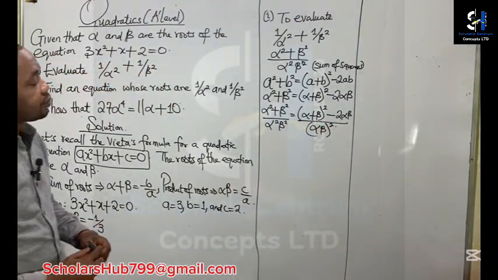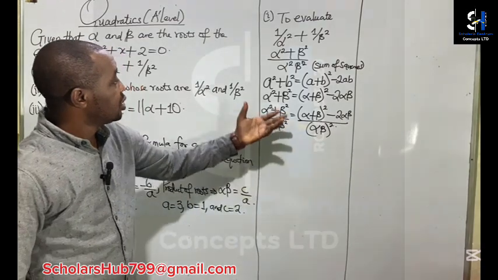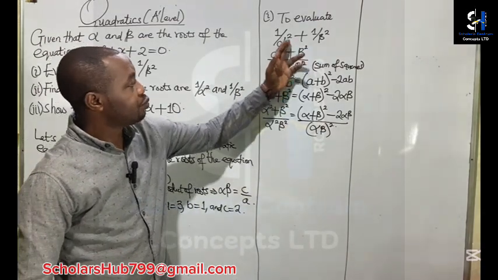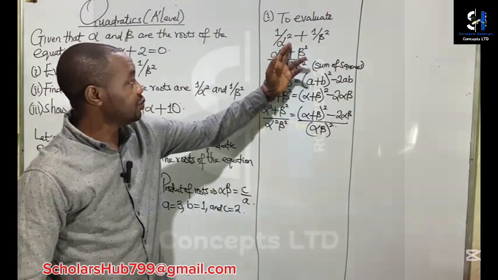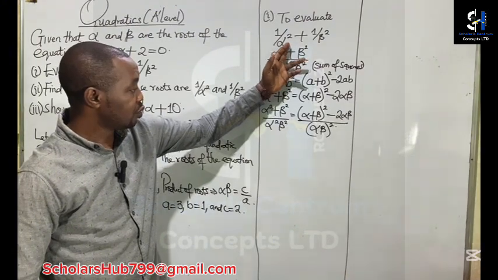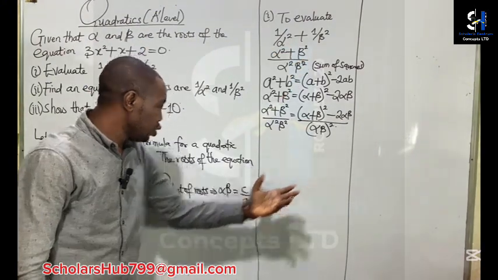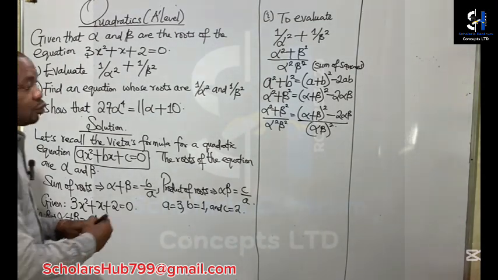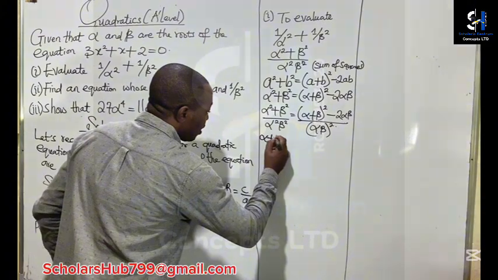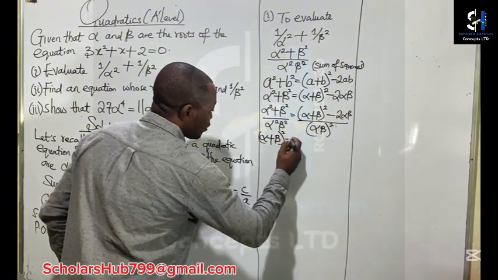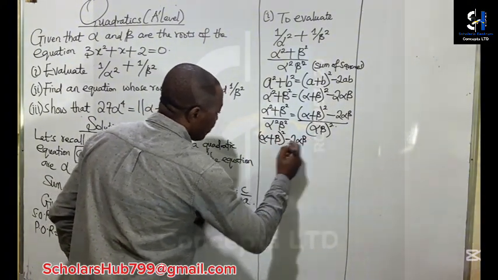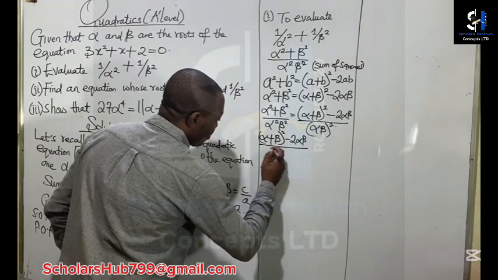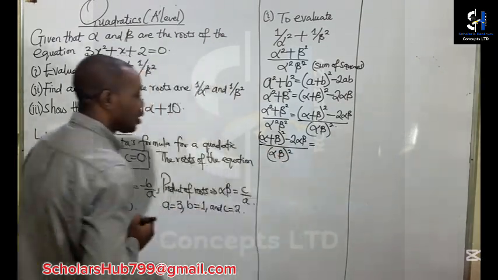So for this expression, we just simplify it to be this. We are now going to plug in the values, the sum of roots, which is -1 over 3, and the product of roots. So we have alpha plus beta squared minus 2 alpha beta, over alpha beta raised to the power of 2.